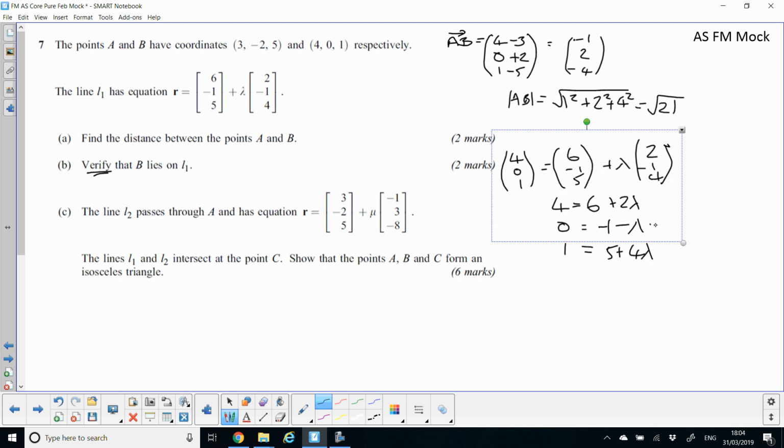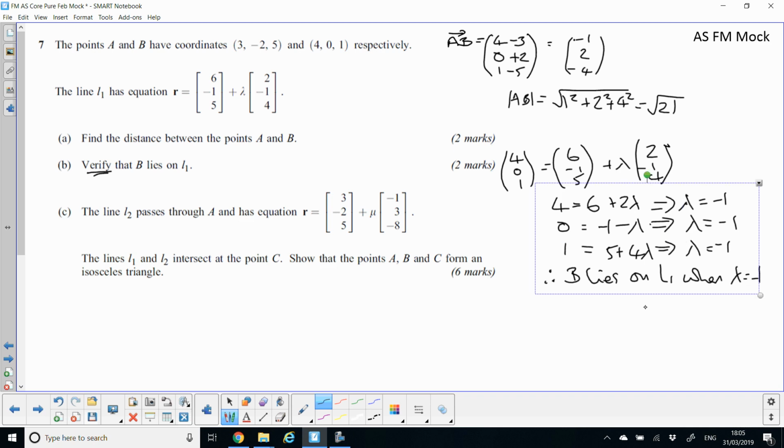This equation tells me lambda is -1. If you solve these equations, they also tell you lambda is -1. Therefore, B lies on line 1 when lambda equals -1, as it gives all the same.